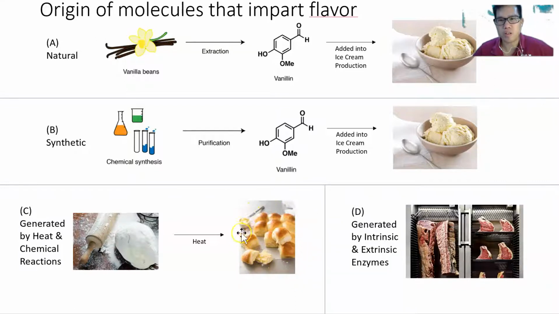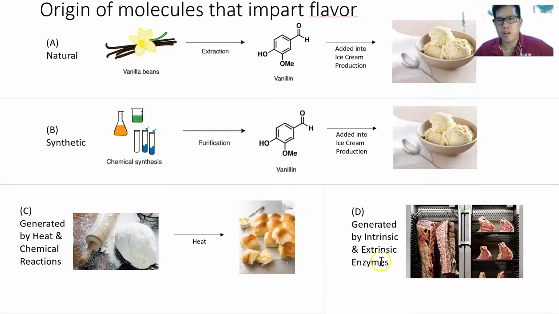As you start baking, at the end they will have generated a lot of molecules that impart very important flavors. Another type is that flavors can be generated by intrinsic and extrinsic enzymes. For example, meat: inside the meat you have a lot of different types of enzymes. During aging, these enzymes break down molecules and create a lot of flavor molecules.